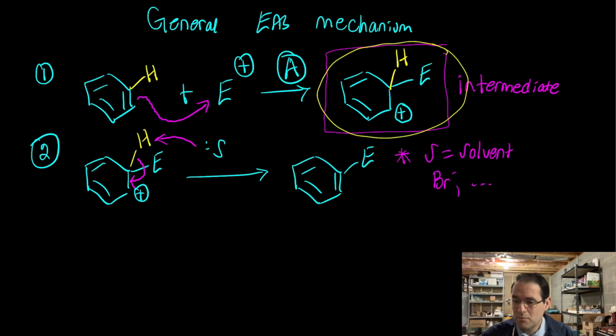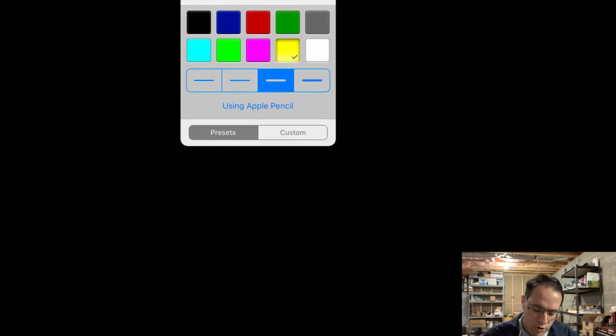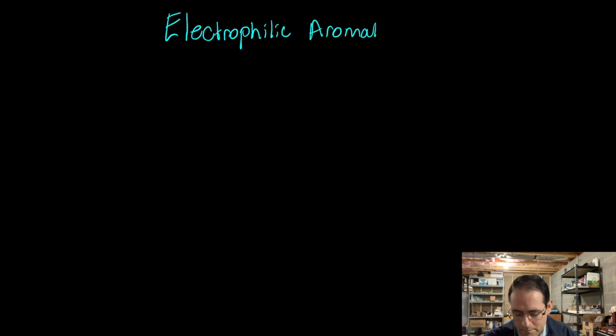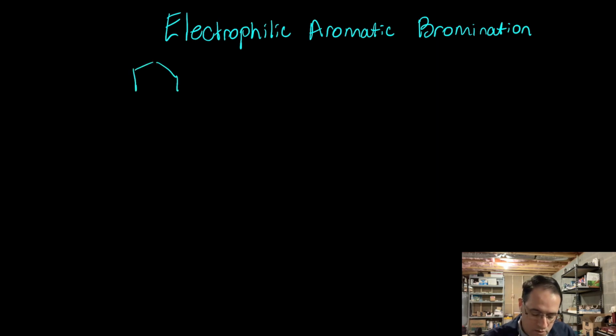It's resonance stabilized, okay? So let's go ahead and look at the electrophilic aromatic bromination here. So here we are with the electrophilic aromatic bromination, and the reaction is going to look like this. We start with some aromatic.